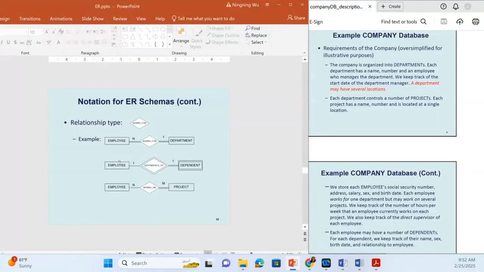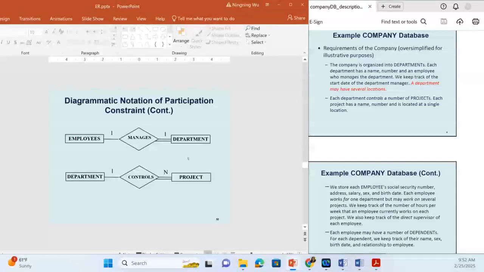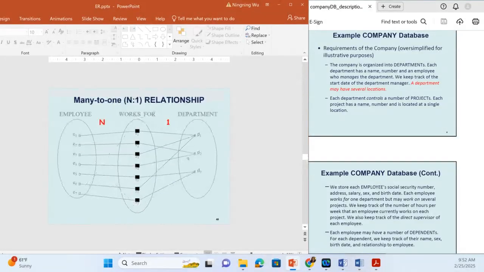When we refine it, the set of attributes will not be able to uniquely identify a dependent.